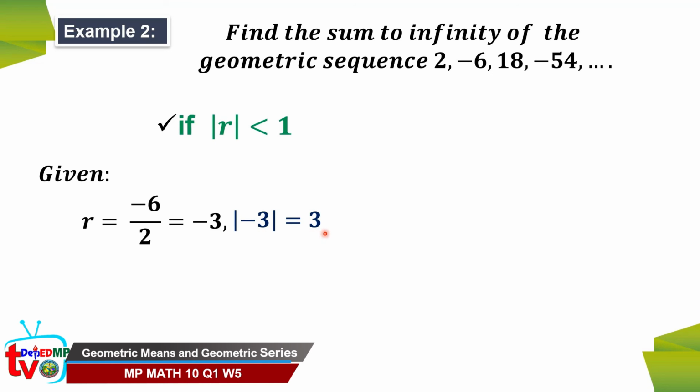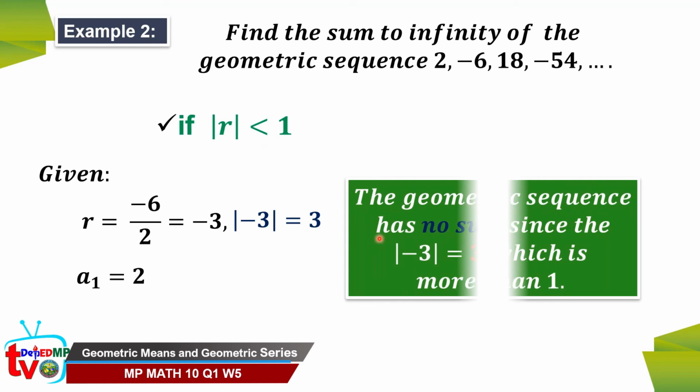Take note that 3 is more than 1. It did not satisfy the given condition. So, this geometric sequence has no sum, since the absolute value of -3 is 3, which is more than 1. It means to say that the sum of the terms of this geometric sequence does not exist.